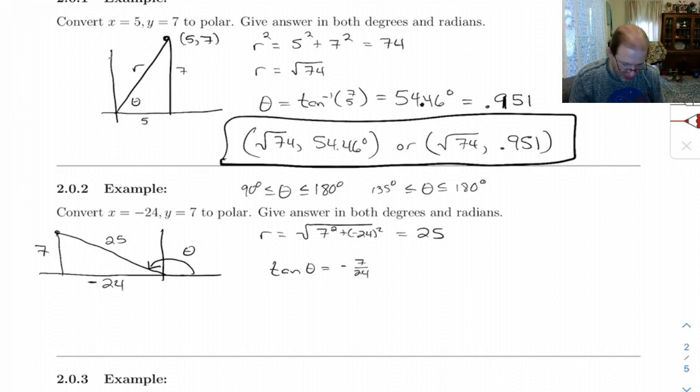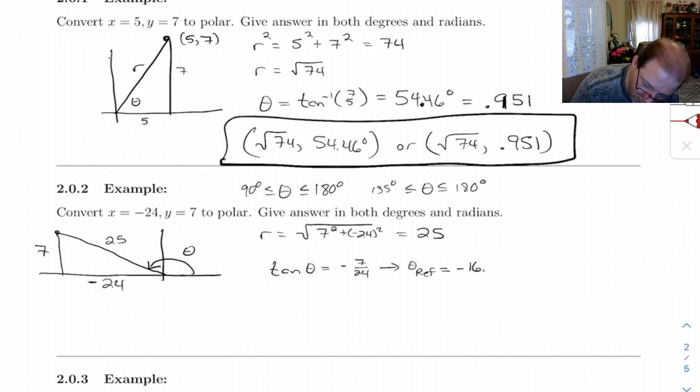Now, if I do the arctan, I'm going to do this first in degrees. If I do the arctan of negative 7 over 24, it gives me negative 16.260 degrees.